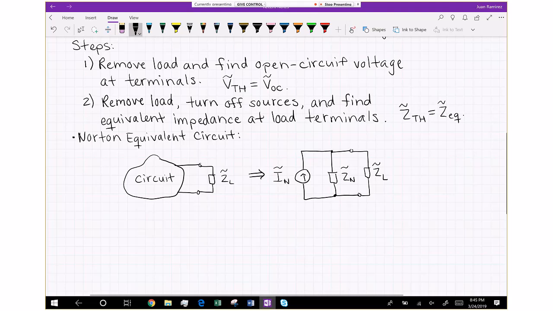Okay, so now what are the steps we take for Norton's theorem? The first step is to find the Norton current, which is the same as the short circuit current at the load terminals. So here we're going to replace the load with a short circuit and find the short circuit current through those load terminals, through that short.